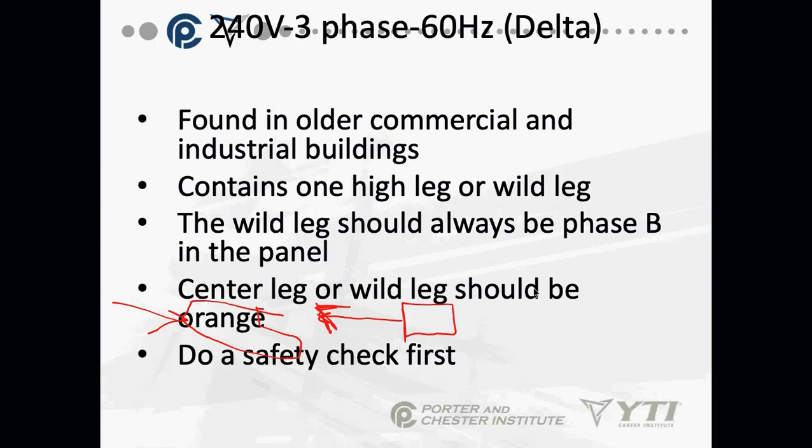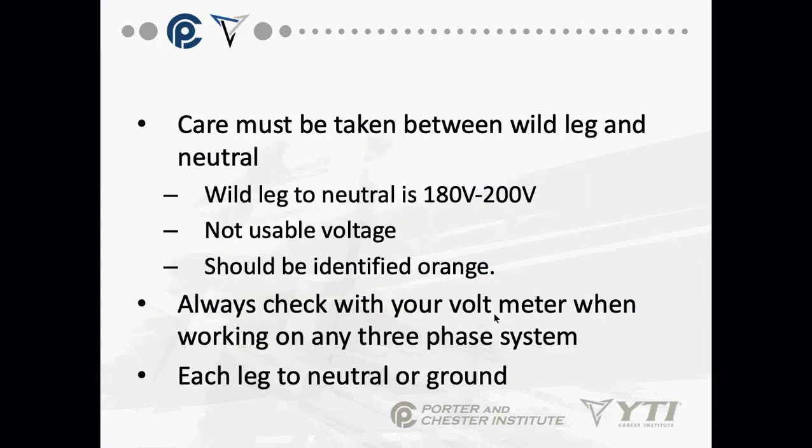So what is the wild leg? Does it have its own control panel? I mean, what does it do? Let me go through the next couple slides. Its voltages are not 100% the same as the rest. It has more to do with where the neutral is.